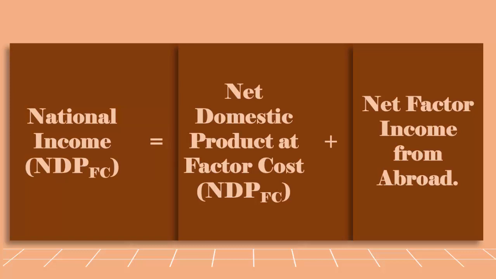National income is equal to net domestic product at factor cost plus net factor income from abroad.